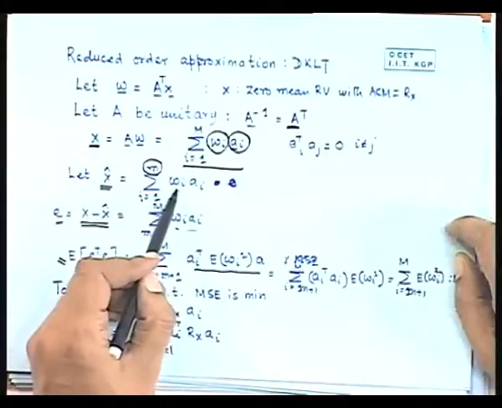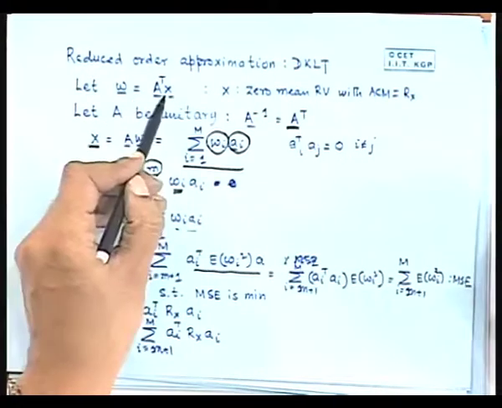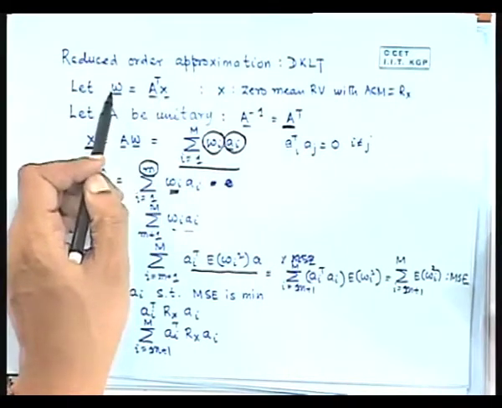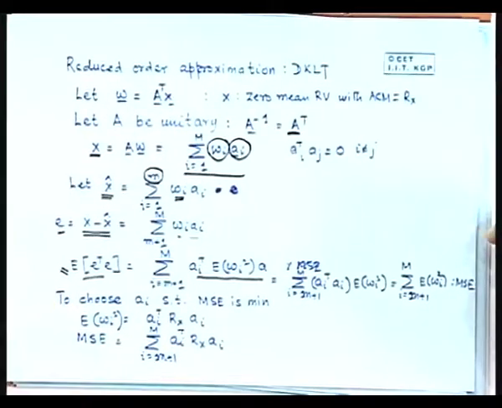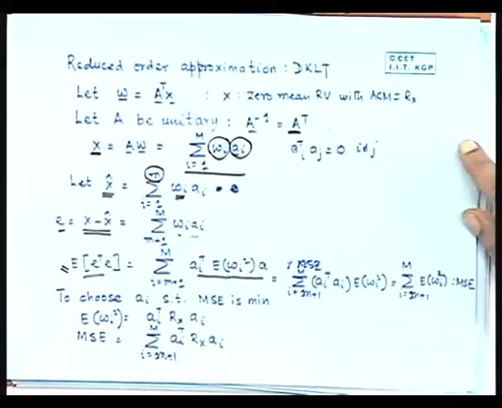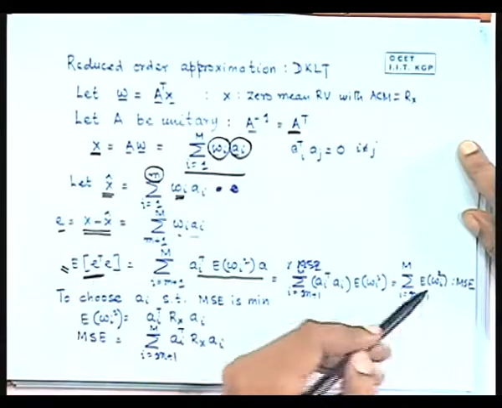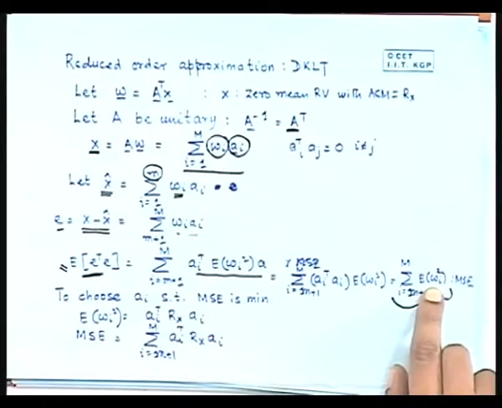I am doing this because I can get these wi's very easily: if W equal to A transpose X, X will be equal to AW because A transpose A is I. So just by transposing I can do it. Now it turns out that the expectation of E transpose E becomes this one, that is, the error is actually the power of those components which I did not send.